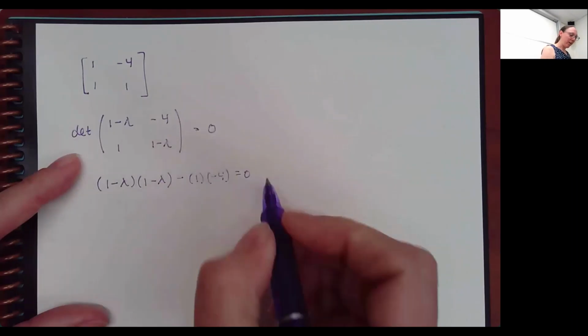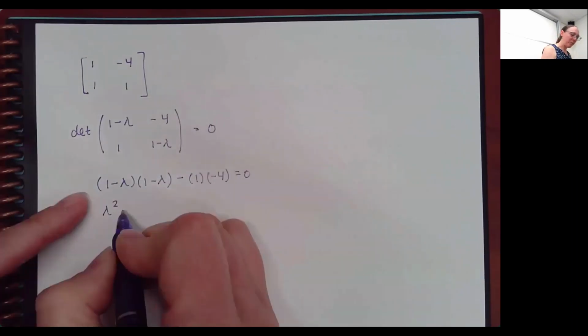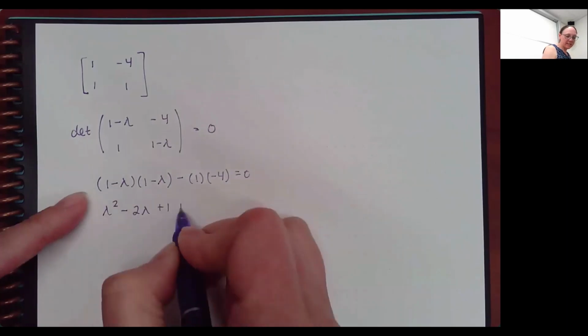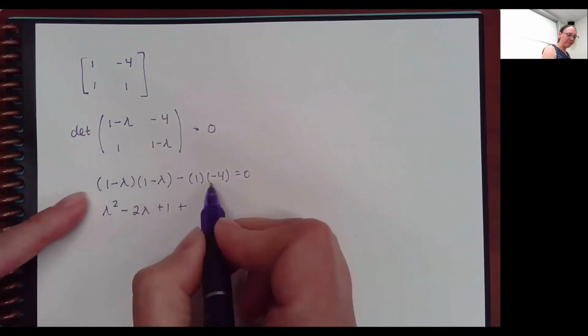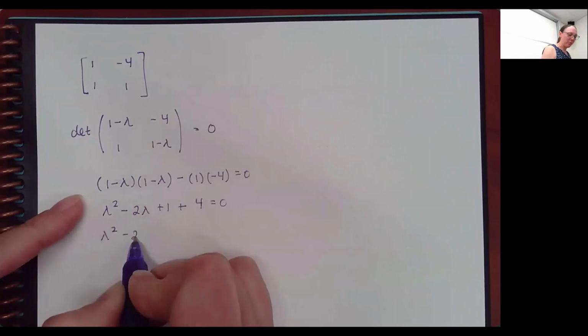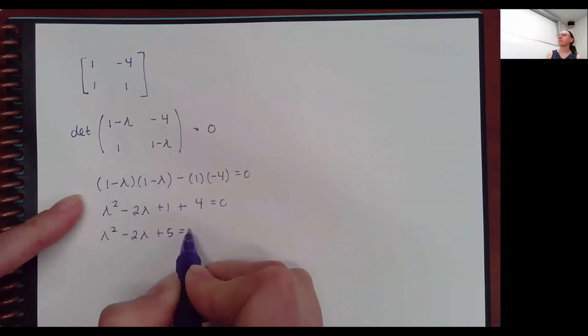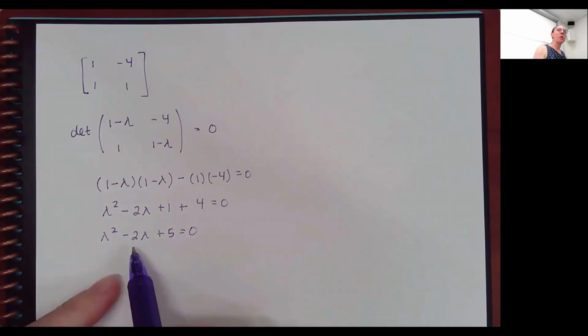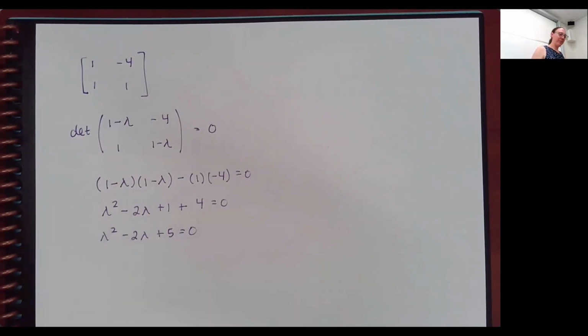When I multiply that out, I've got lambda squared minus 2 lambda plus 1 plus 4, or lambda squared minus 2 lambda plus 5. That doesn't factor because my only factors of 5 are 1 and 5, and there's no combination of those that's going to add up to -2. So I know I'm going to need to use the quadratic formula.